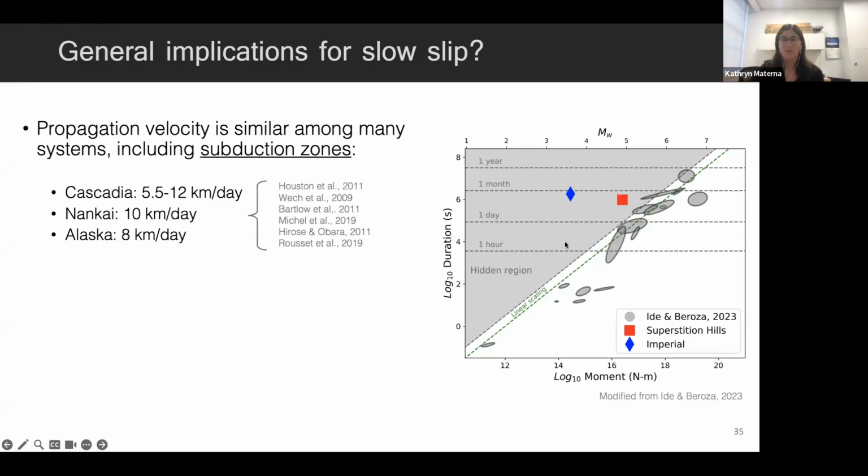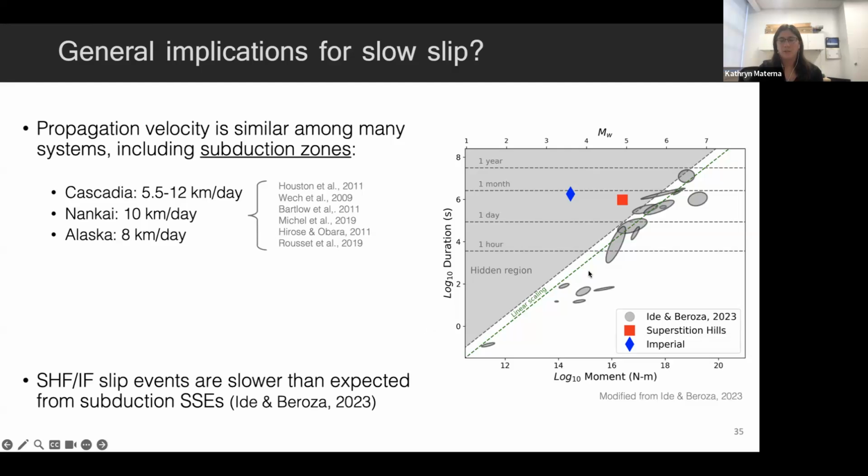So slower events can happen, but they would not be observable. So in this context, that seems to be what we're able to observe here, perhaps benefited by the fact that we are observing in the shallowest layers of the crust. We have a geodetic sensitivity to slow slip events that are taking place, but at a slower speed than what we've observed in the linear scaling relationship of Ide et al. 2007.